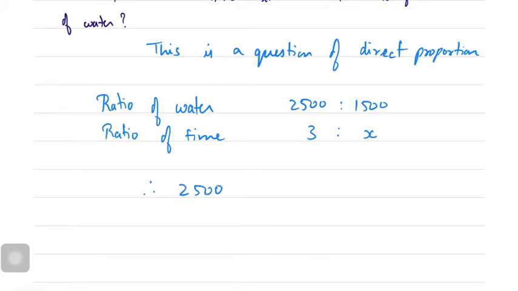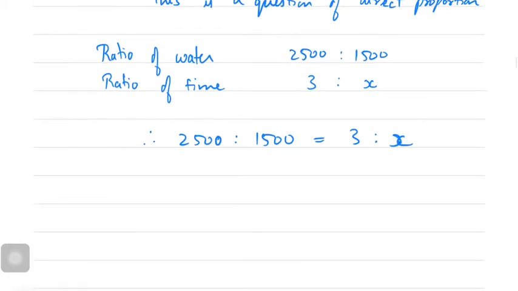So therefore 2500 is to 1500 is equal to 3 is to X.